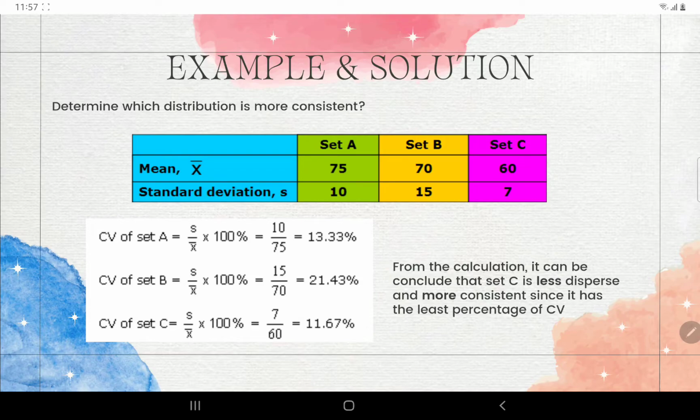Okay, CV. So to calculate the CV of data set A, dia punya standard deviation divide with the mean. 10 divided by 75, and then multiply with 100. So the CV of data set A is 13.33%.